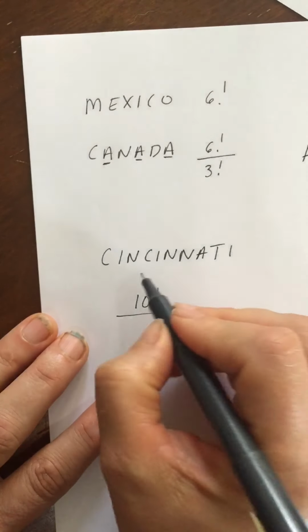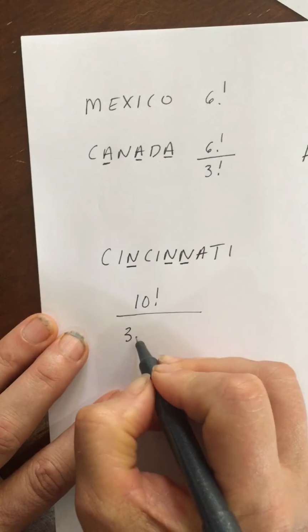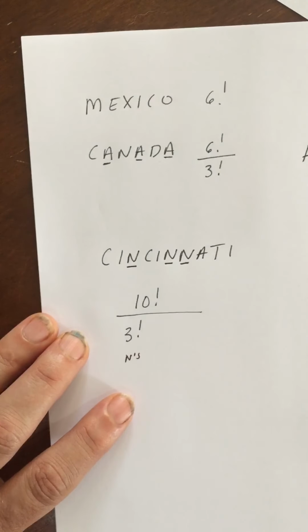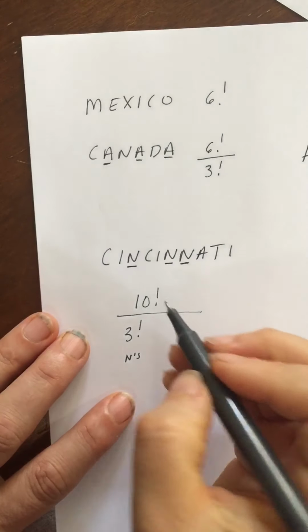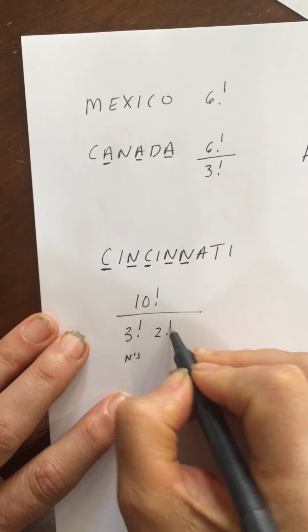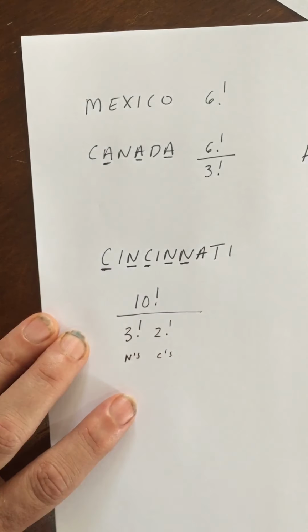So what I have to do now is find the duplicate letters. For the N's, there's 3 factorial ways I could rearrange the N's. I want to divide those out. And then for the C's, there's 2 factorial ways I could rearrange the C's.